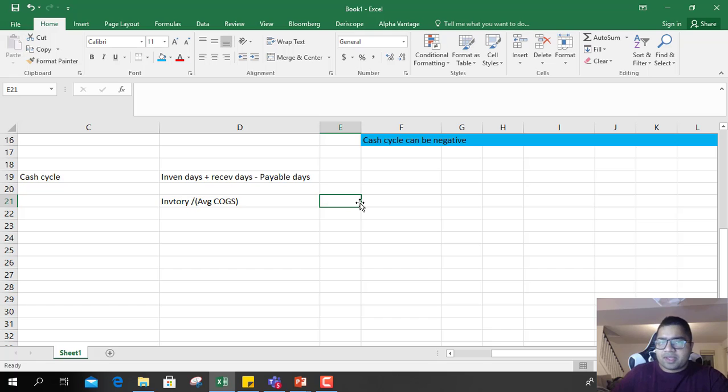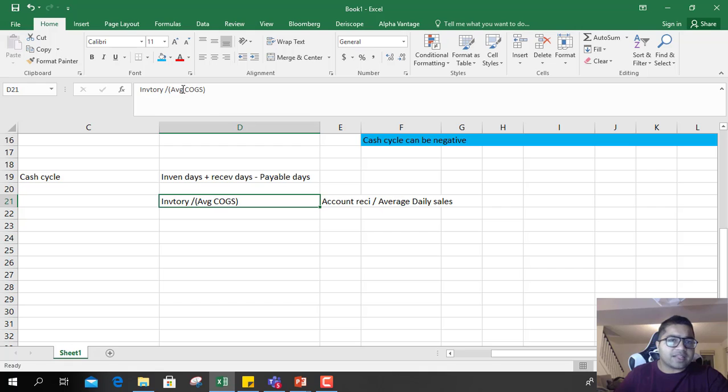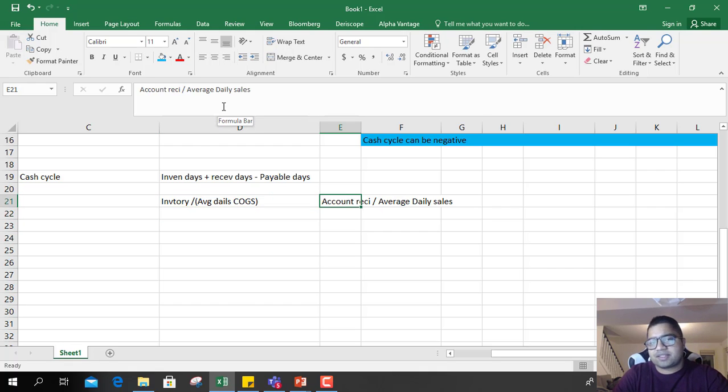Then account receivable days are calculated as account receivables divided by average daily sales. This is average daily, that's why you divide the total COGS in the year by 365.